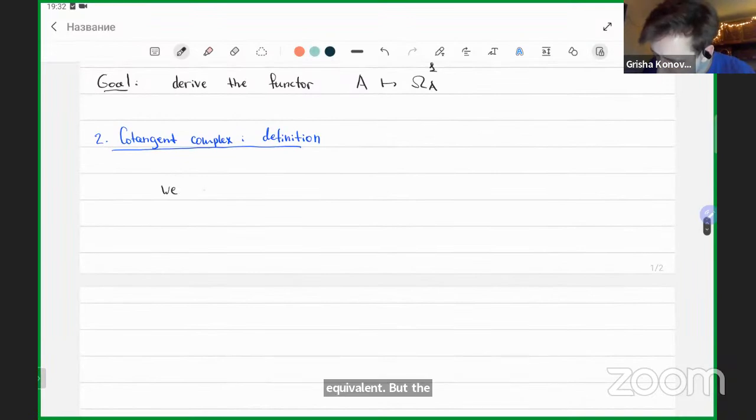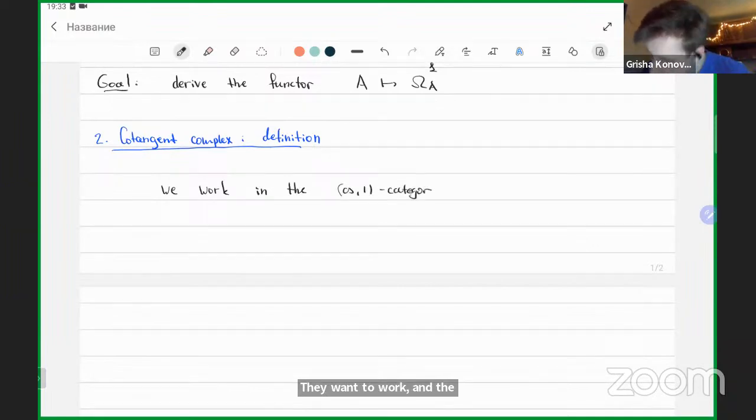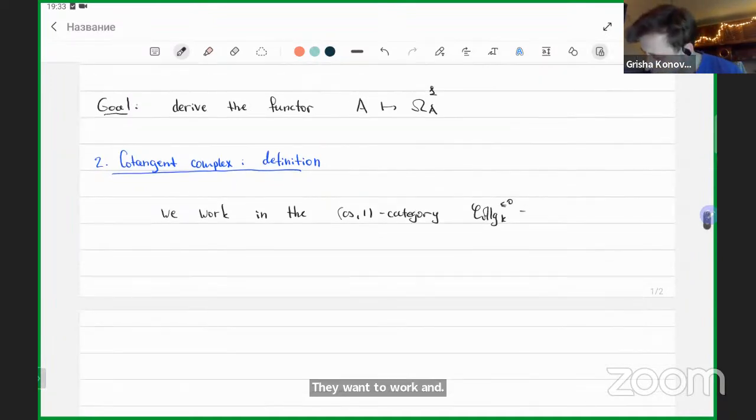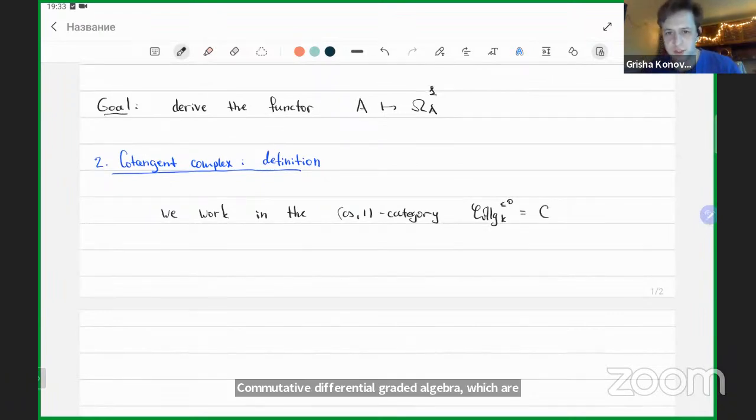But let me write it. I want to work in the infinity one category of connective commutative differential graded algebras, which you may think about this category the following way.